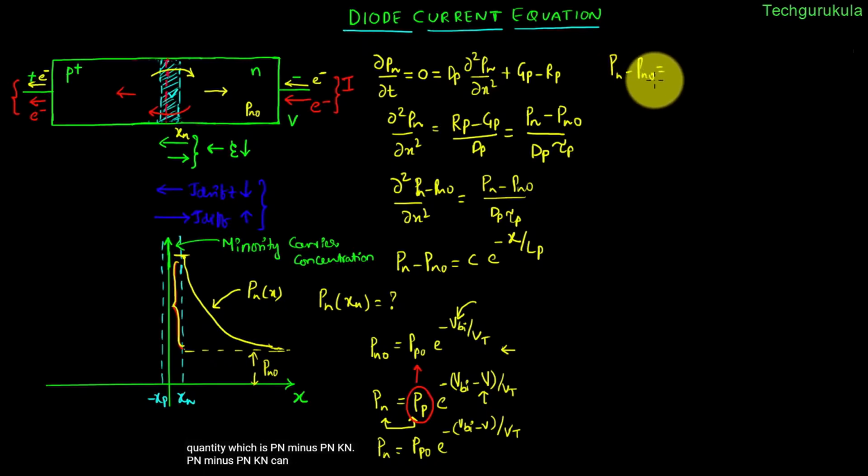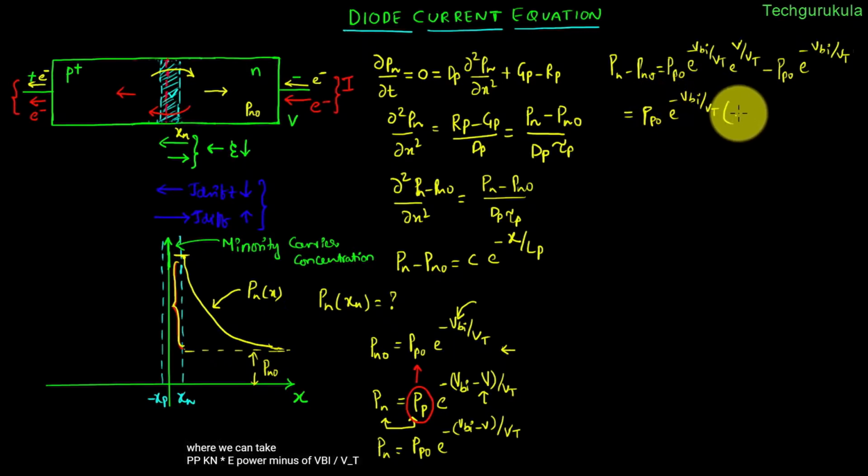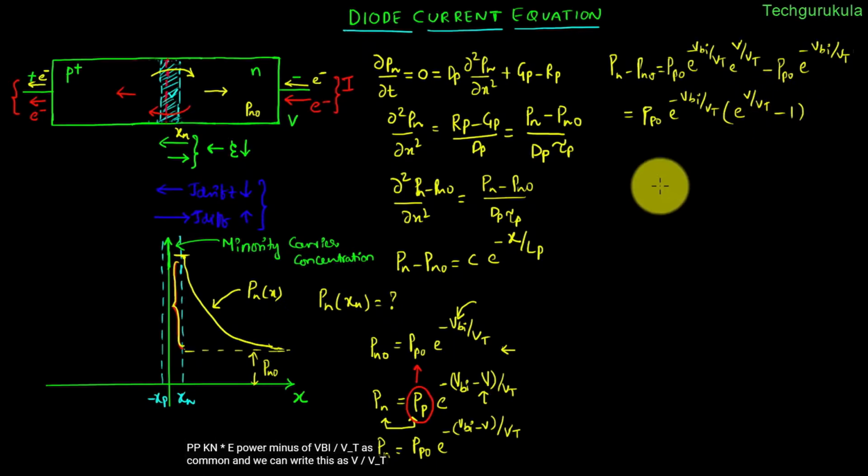Pn minus Pn naught can be written as this equation, where we can take Pp naught times e power minus Vbi over Vt as common, and we can write this as e power V over Vt minus 1.